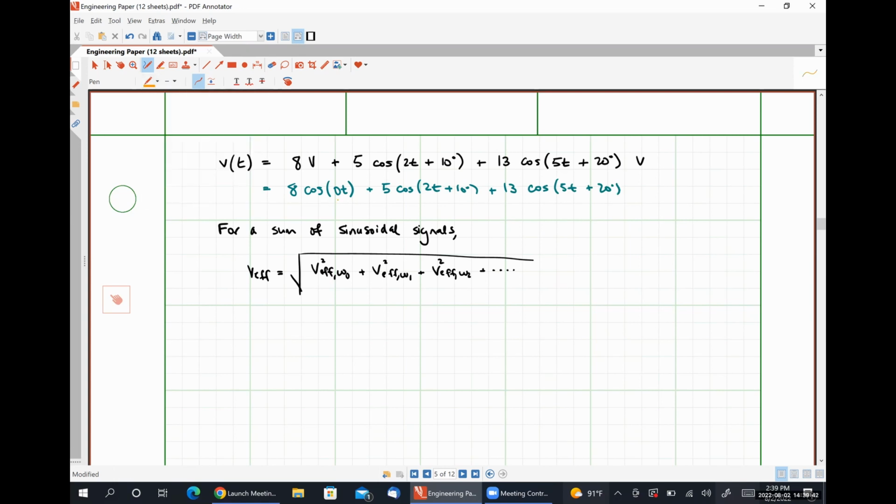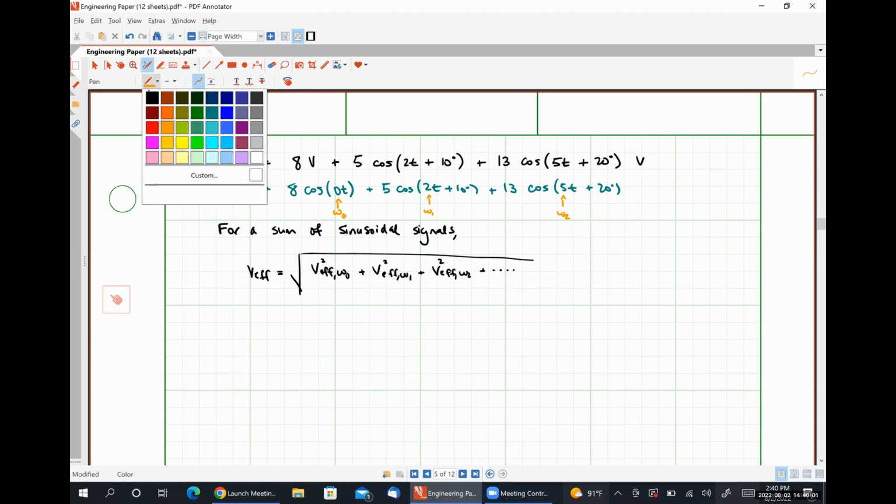So here's omega naught, here's omega 1, here's omega 2. So this signal actually is the sum of sinusoids, even though it has that DC term.